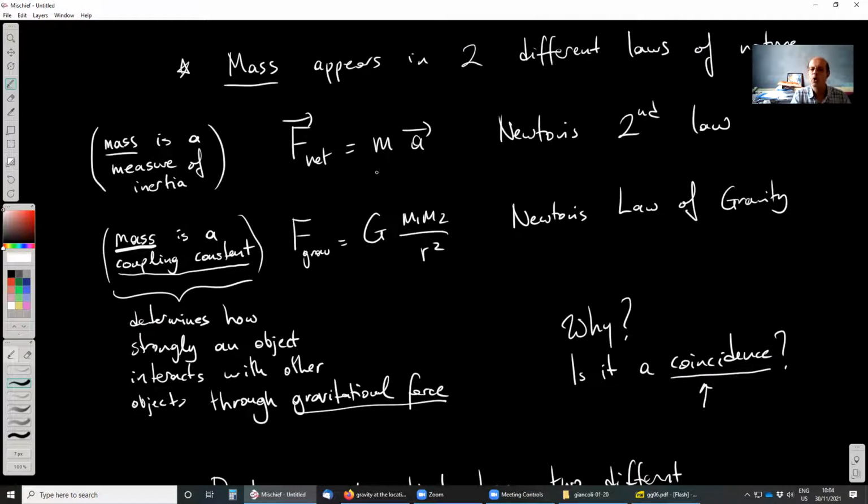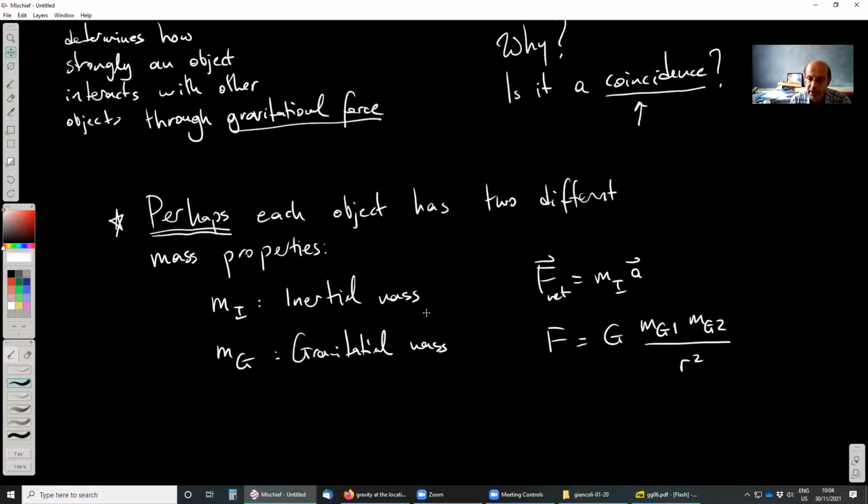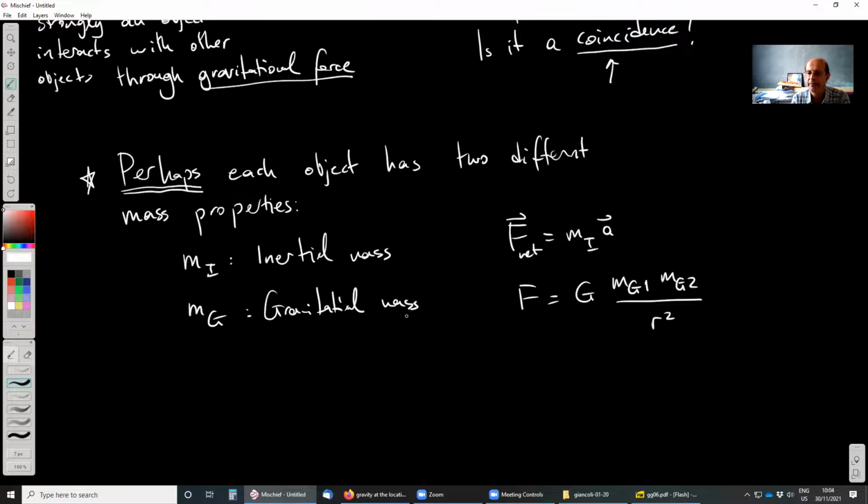If it is the same quantity, then the same quantity appears with these two different roles, as a measure of inertia and as a coupling constant for gravitational force. But probably they are different. They are not the same. So probably there's some kind of a difference.